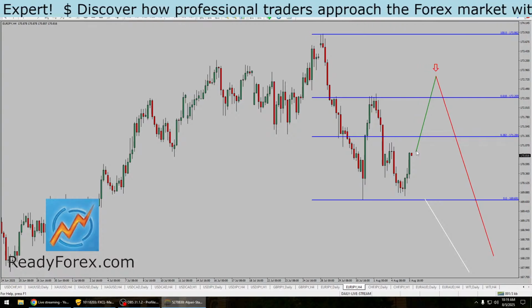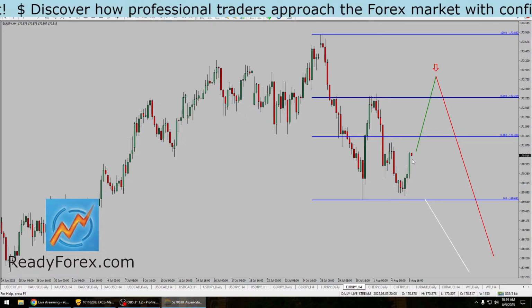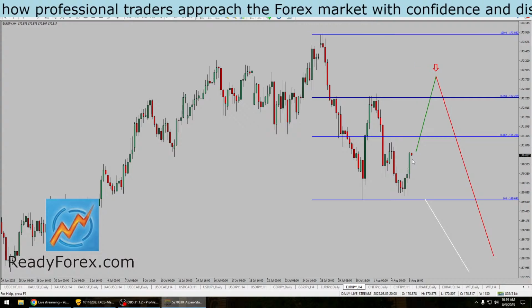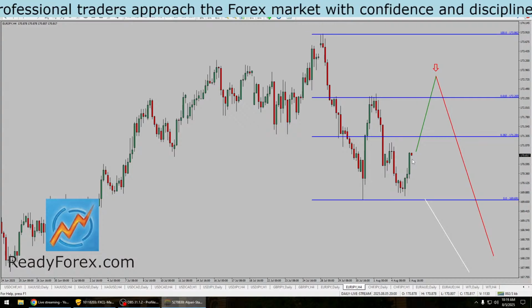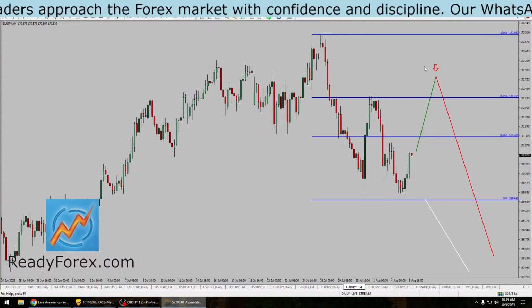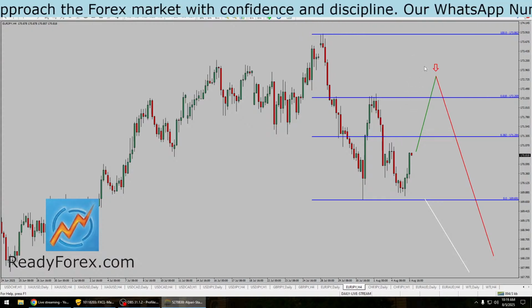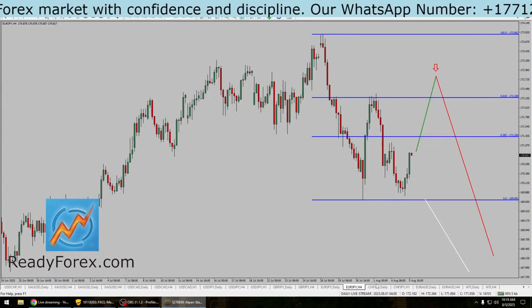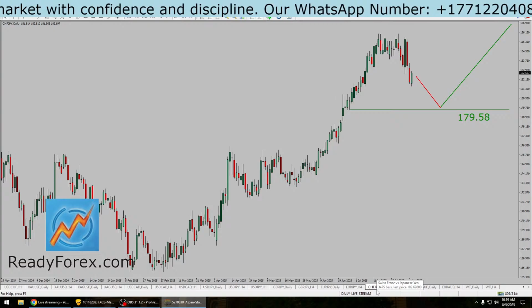So this is what I'm looking at regarding the euro versus Japanese yen currency pair. A good idea is to wait for a bullish leg first. I hope it's clear. Next one is the Swiss franc versus Japanese yen currency pair, CHF JPY.